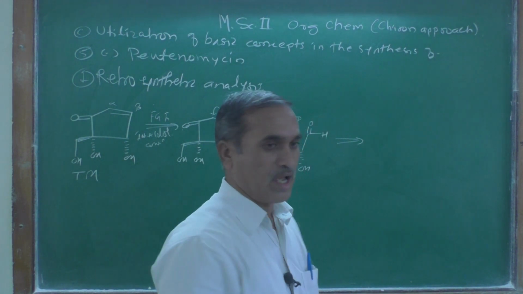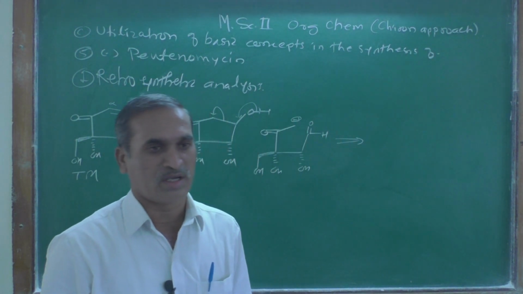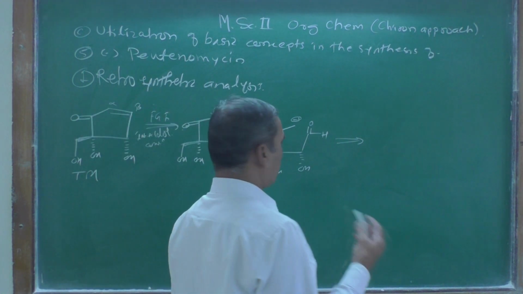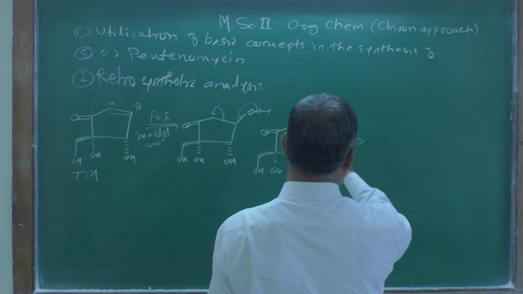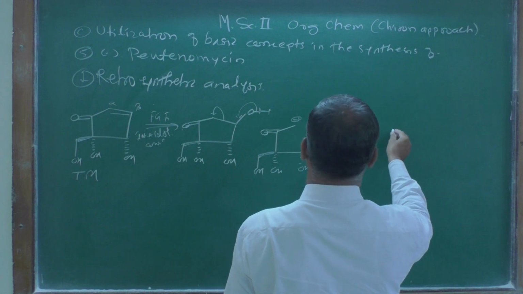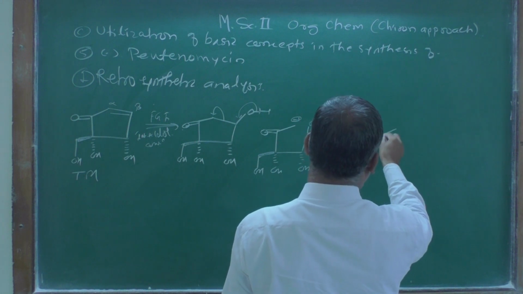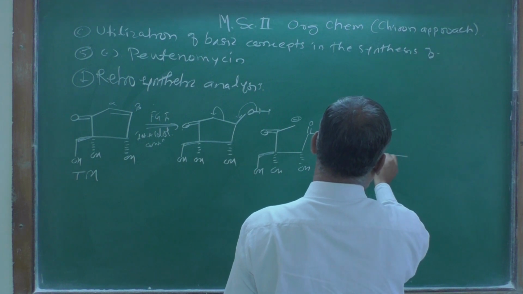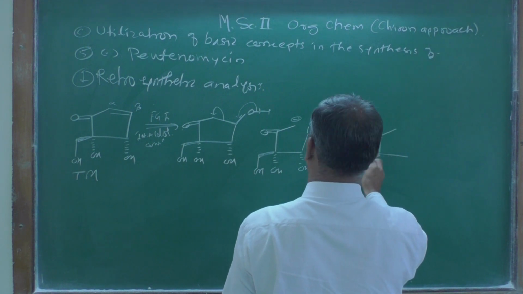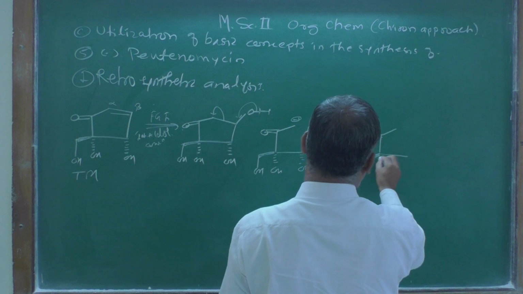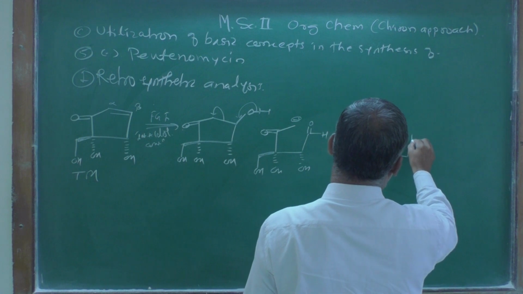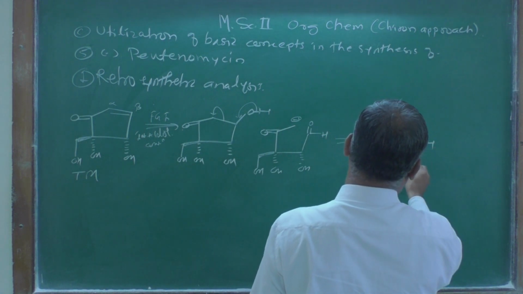This is a synthon, and as we know that synthon means what? It is associated with the polarity, and synthetic equivalent it requires, and the synthetic equivalent we can write here is a methyl group, then C double bond O, then here this group as it is OH, and then this aldehyde group also as it is.